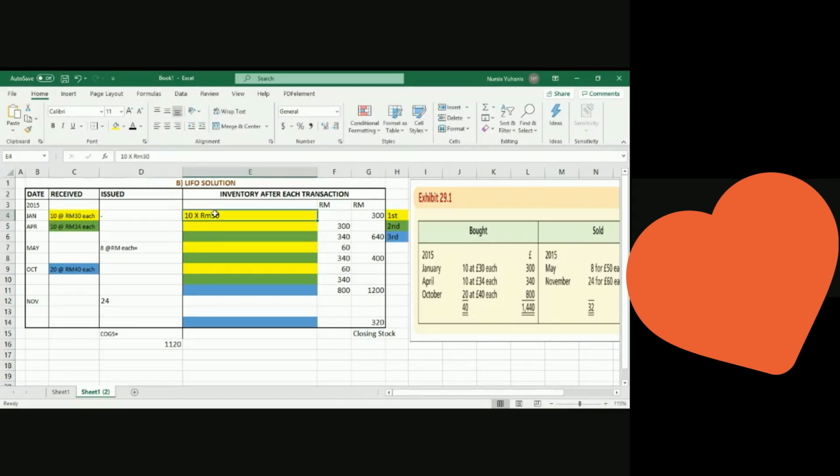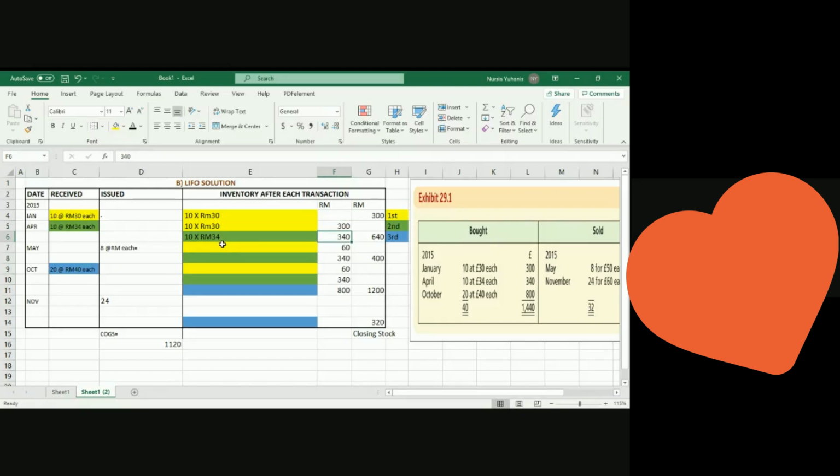Then the second one is also the same as FIFO. For the second batch, you copy it here. For green, you multiply with RM 34. So here 300 and 340.